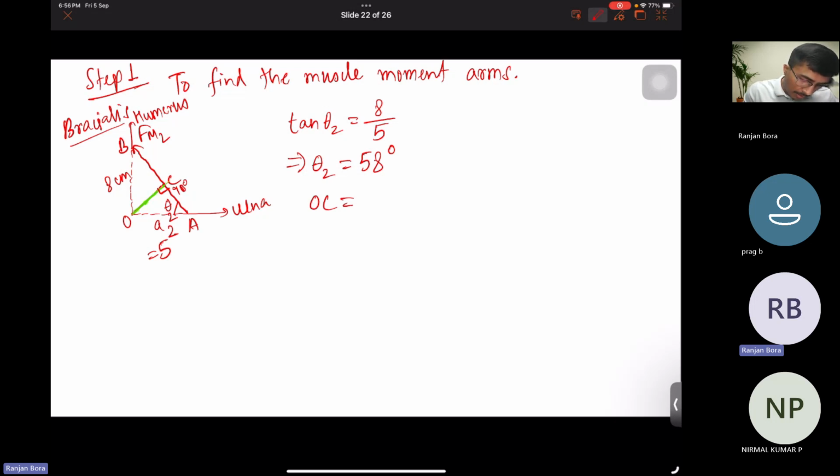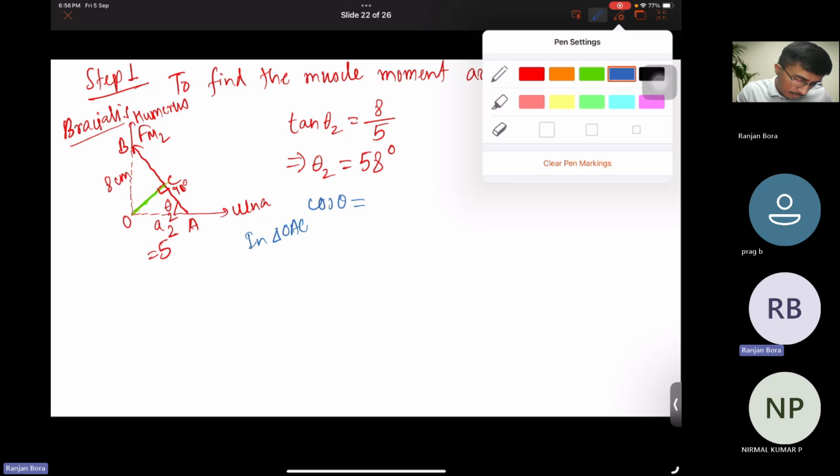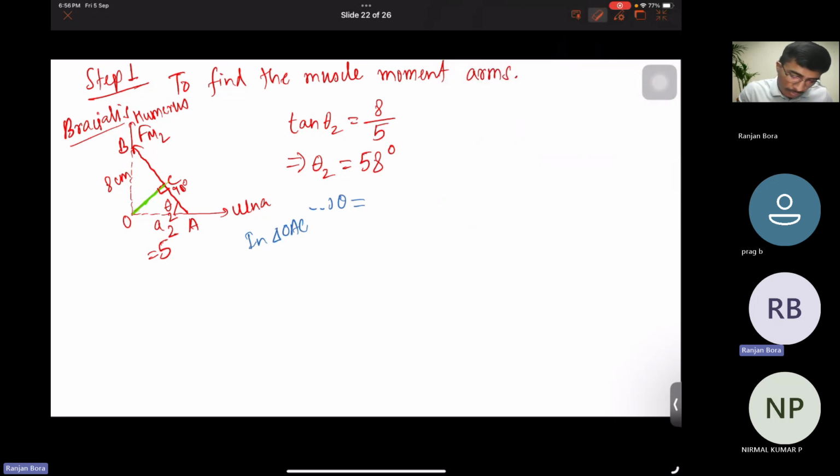If we use the trigonometric relation, in triangle OAC, sin theta will be OC divided by OA, right?